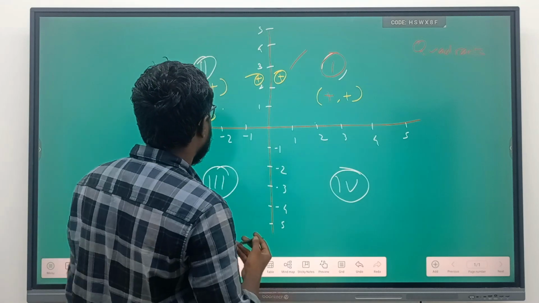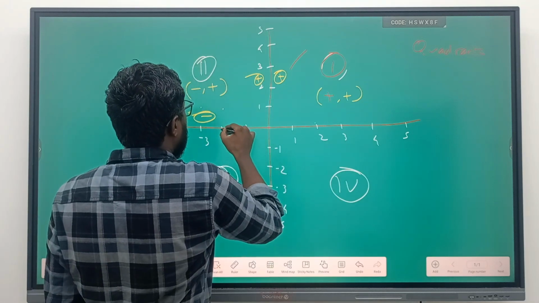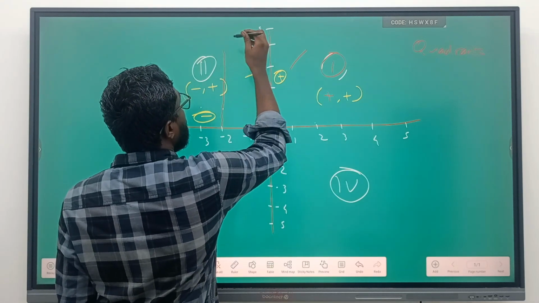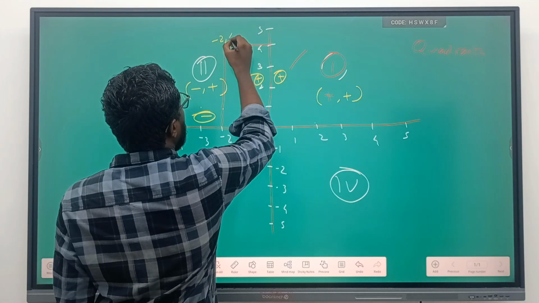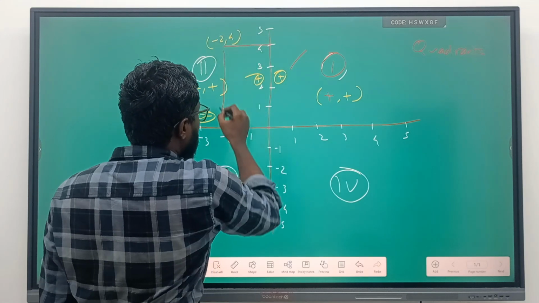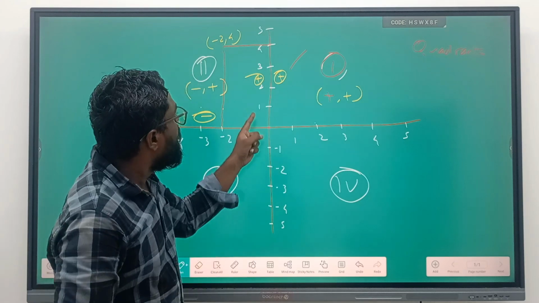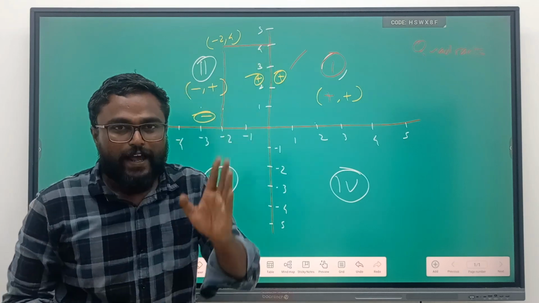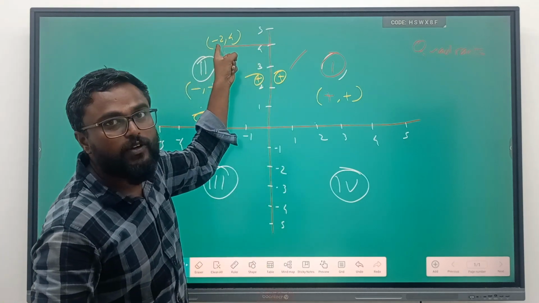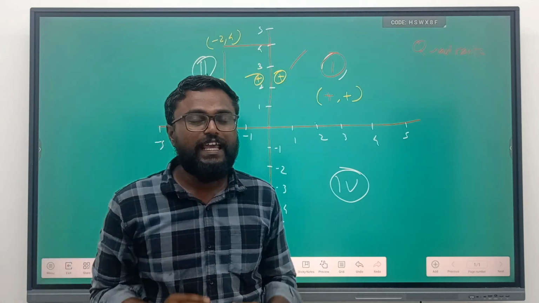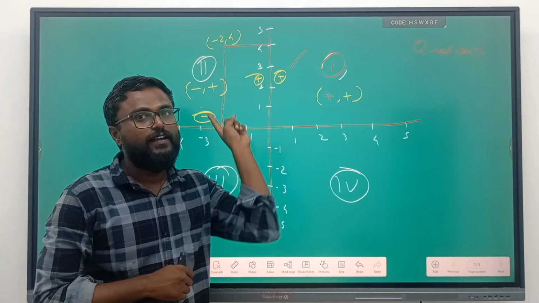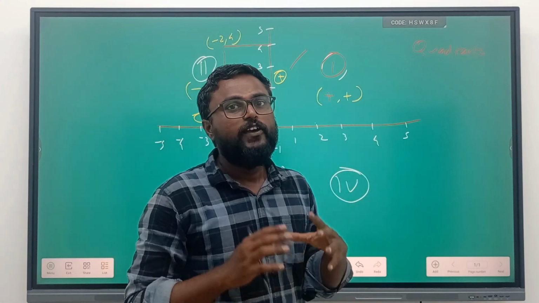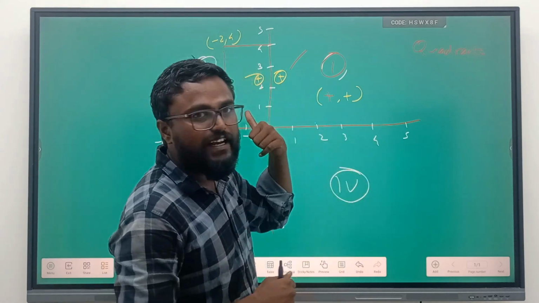Let me give an example. Let's say if I take this point, -2 comma 4. So -2 is the x coordinate, +4 is the y coordinate. So if you observe, negative number, positive number. If you see any coordinate having a negative sign in the x coordinate and a positive sign in the y coordinate, we should understand it is from the second quadrant.